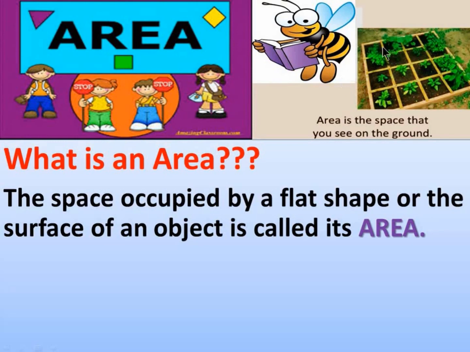There is some shape here. It's a square, and some small squares are drawn here, and some plants are here. See how much space is occupied inside this box. We can call that its area.